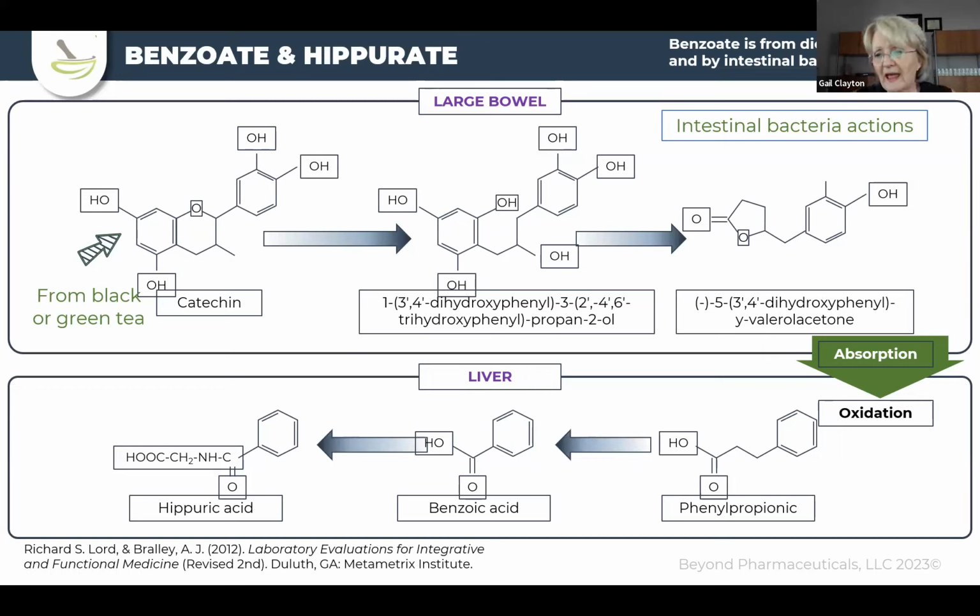We'll go through the patterns of benzoate and hippurate in the course a little bit more, but that kind of gives us an idea of our ability to detoxify the bacterial metabolites from bacterial action on polyphenols.